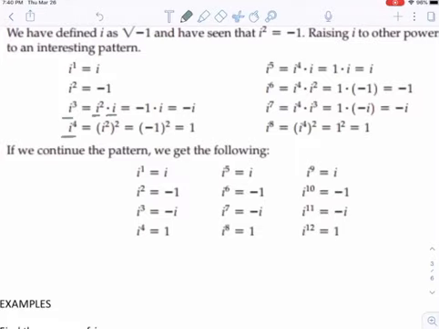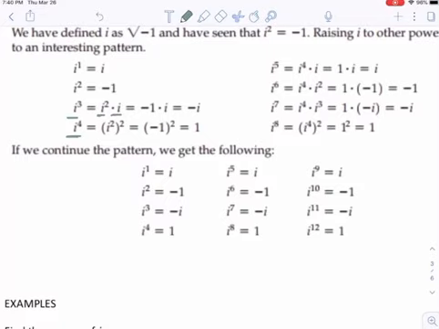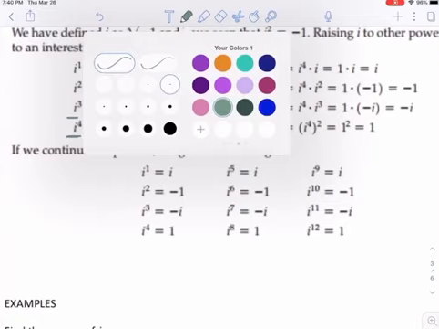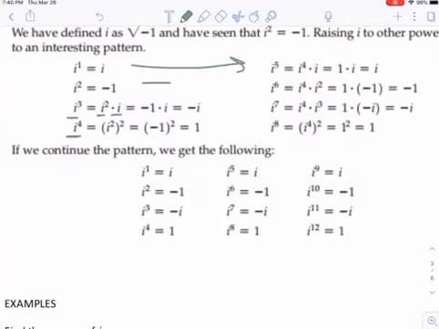If I get into i to the fourth, I know that i squared times i squared is i to the fourth. That's negative 1 squared, which becomes 1. We keep going round and round into these different patterns. Notice that these are matching up to be the same answers.